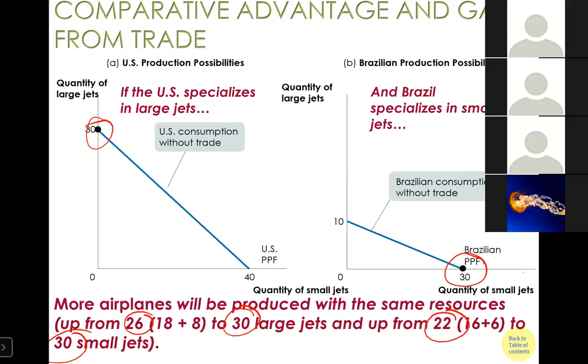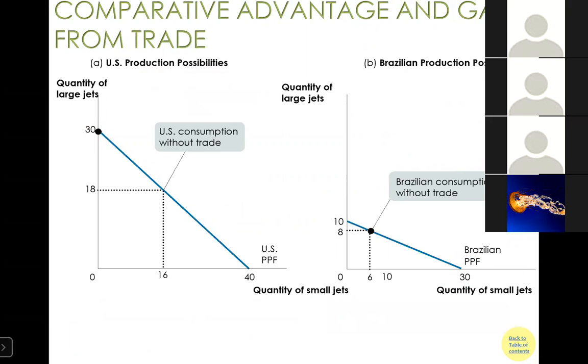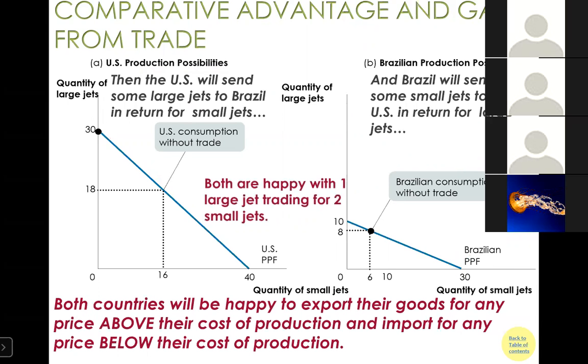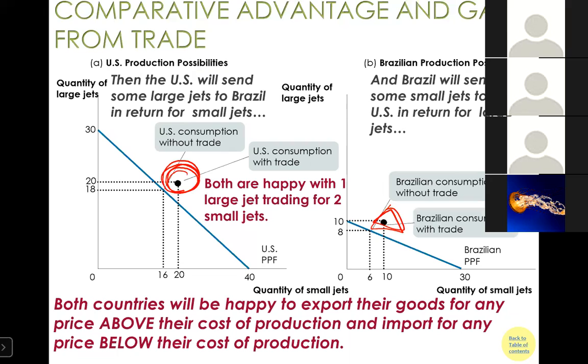We have that calculation before, right? Now, with this new cooperation, the US can sell larger jets and exchange for small jets. Interestingly, the US can consume this amount by selling larger jets, and similarly, Brazil can consume this amount by selling small jets.